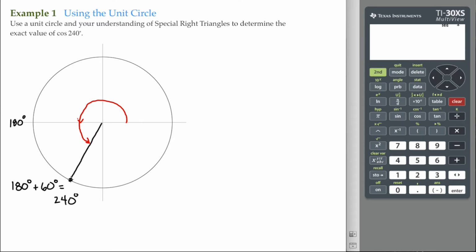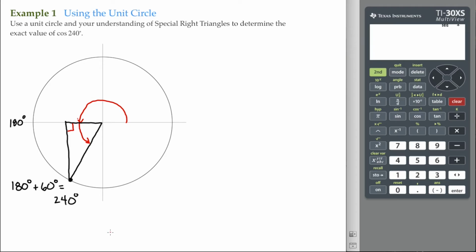So if I put in a right triangle here, of course what happens is I wind up having a 30, 60, 90 special right triangle. Of course it just looks flip-flopped along these coordinates from what we originally had. But nonetheless, it's still a 30, 60, 90 right triangle.